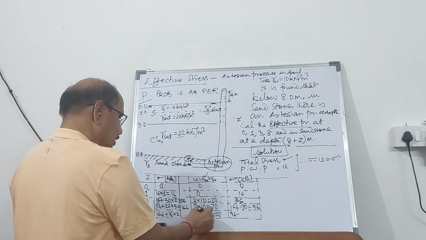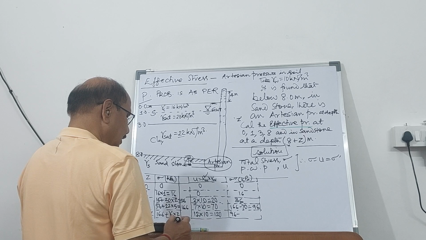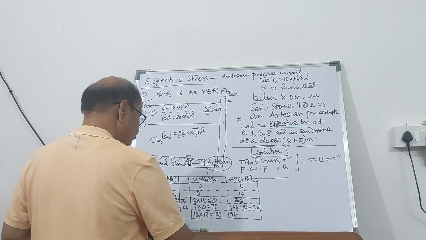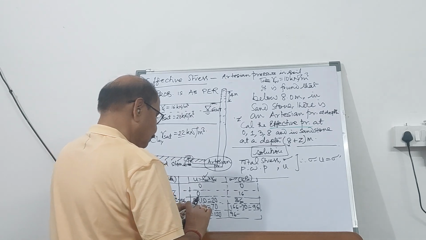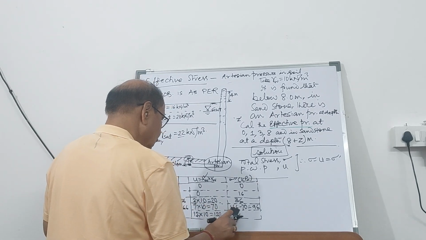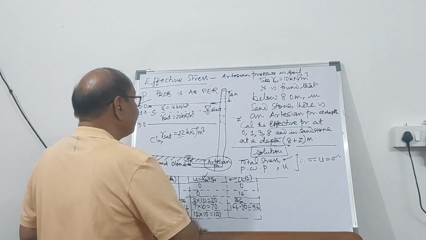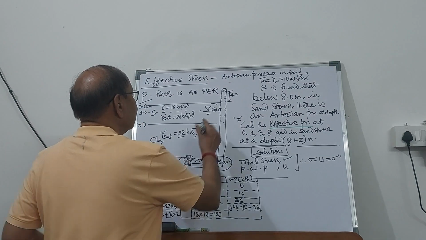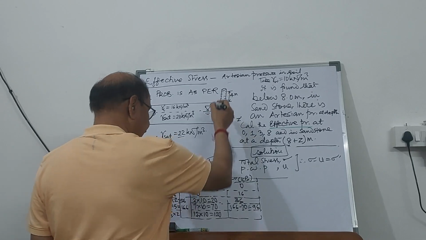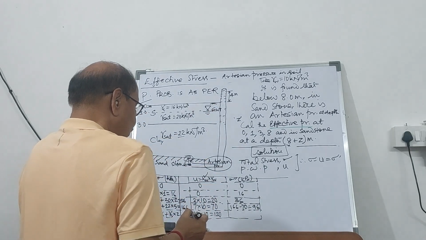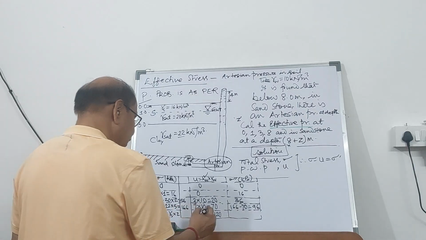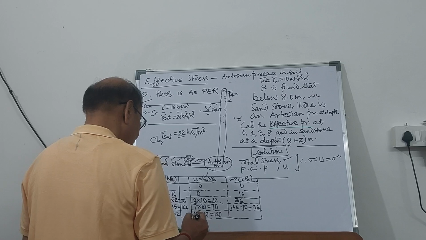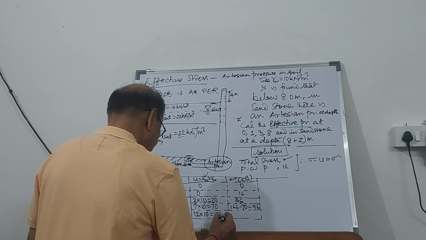It is 166 minus 120. You can find it out. The pore water pressure has exceeded by 5 meter, 50. So here 166 minus 120.